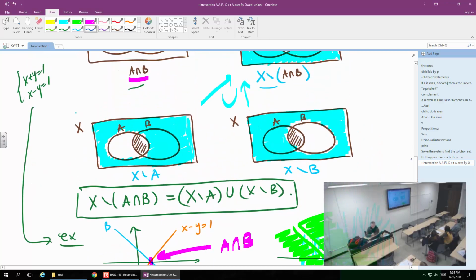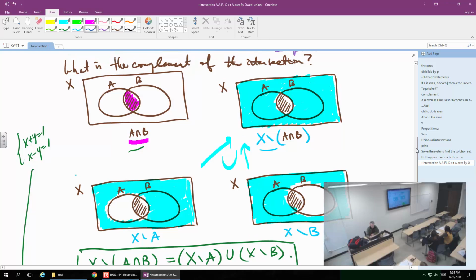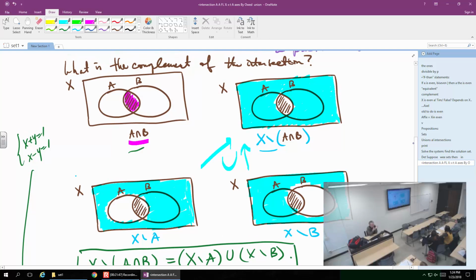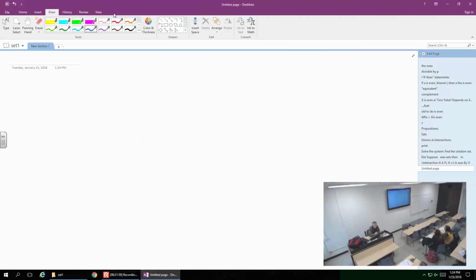Let's start with sets once again because it's so easy to illustrate. So I will be doing the same thing, except I'm going to be starting with the union. And then the question is, what is the complement of the union? We already know the answer, but let's do it anyway.